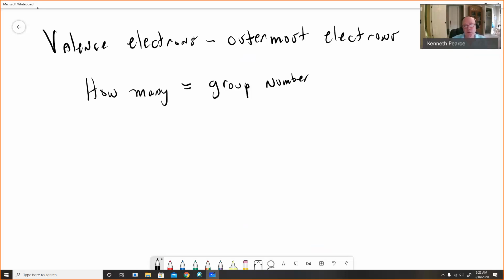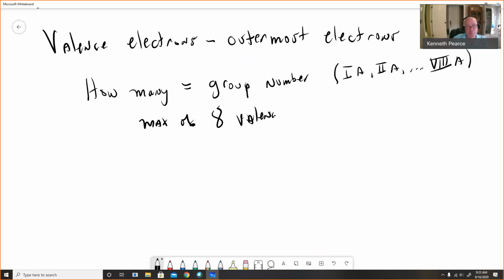Not the 1 through 18, but the 1A, 2A, etc., all the way over to 8A, if you look on your periodic chart. And so we go through 1 through 8A, which means we have a maximum of 8 valence electrons.